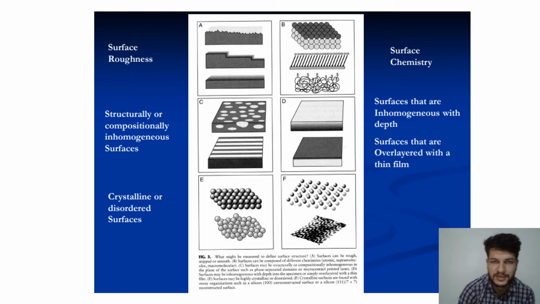In part B, surface chemistry is shown, that means the surface can be made of different atoms or molecules, or different macromolecules. That shows the heterogeneity of the surface. If it is made of different types of molecules or atoms, the surface is heterogeneous. In part C, it shows the homogeneity. For example, these surfaces are inhomogeneous surfaces. They may be inhomogeneous structurally, or on the basis of composition.